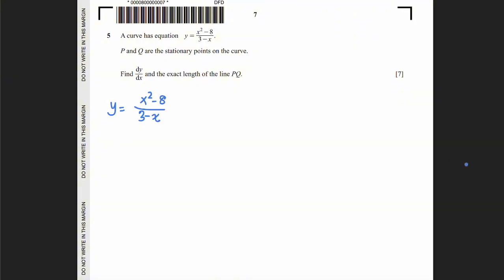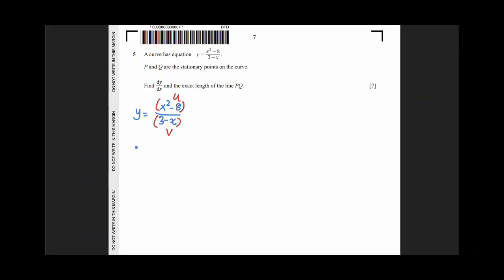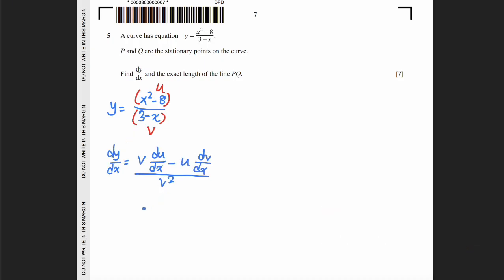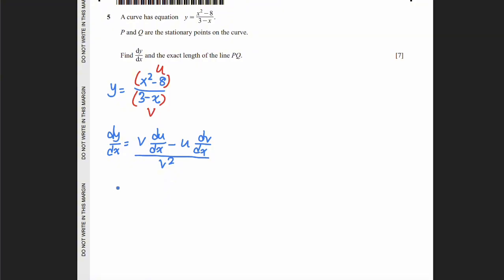This is our equation. Now, we will consider this as u and this as v. Now, how do we differentiate a fraction like this? Yes, by using the quotient rule that I'm currently showing on the screen, and let's copy it. v squared. Okay, now let's substitute the values.